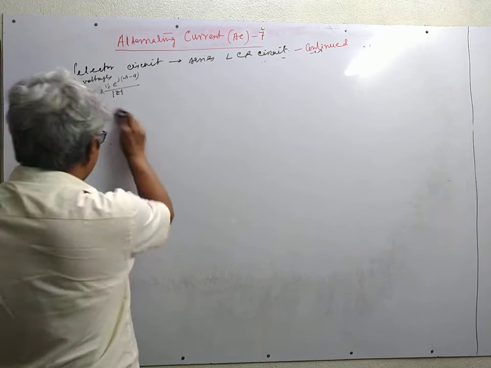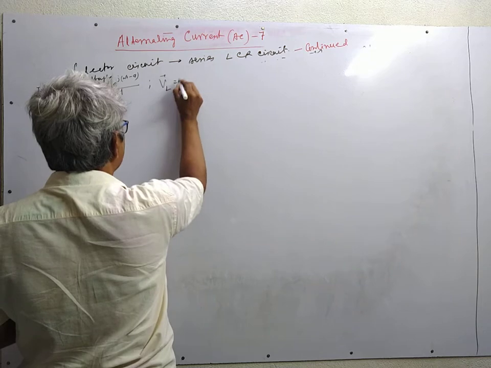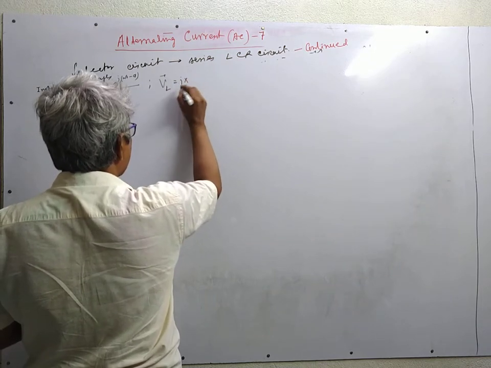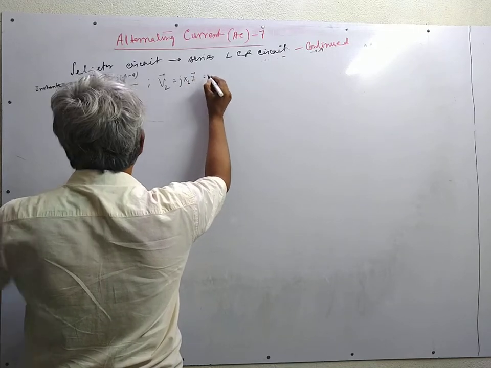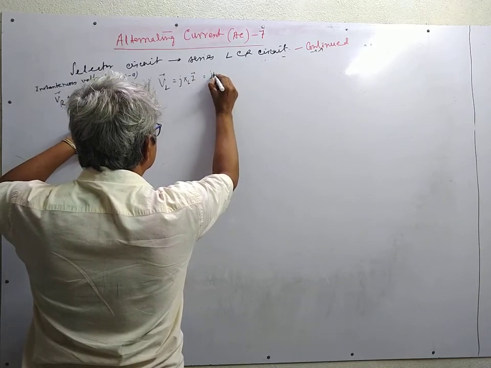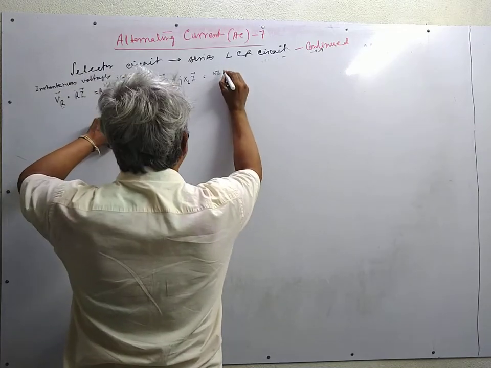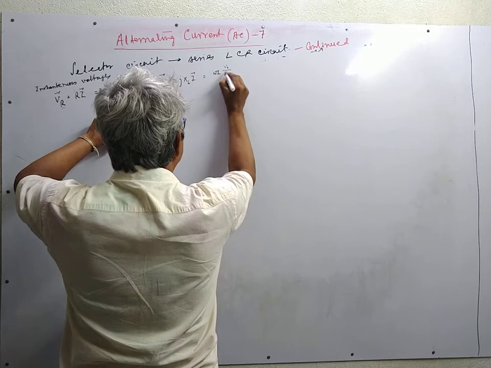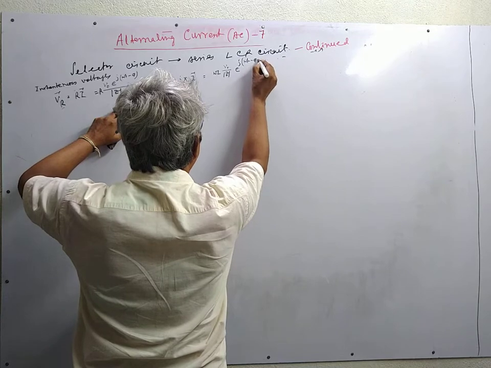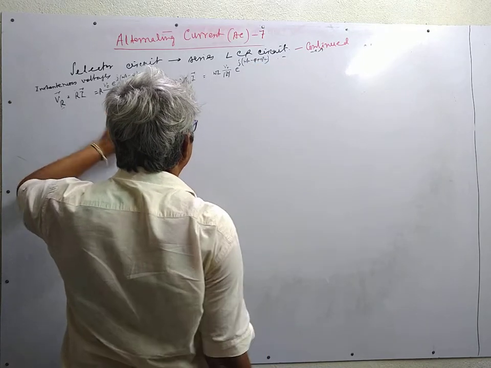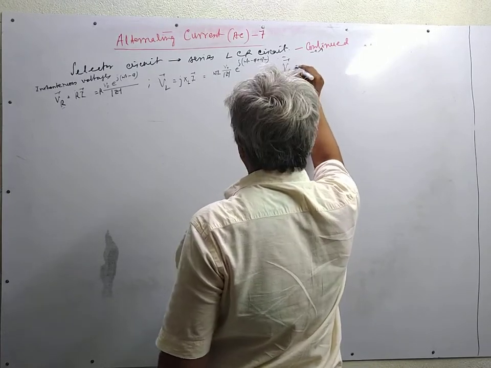Now voltage across inductor VL is equal to J XL I, which we write, we take this, and VC similarly.